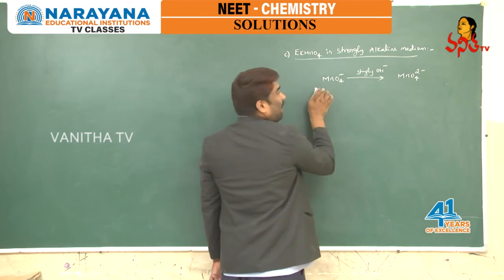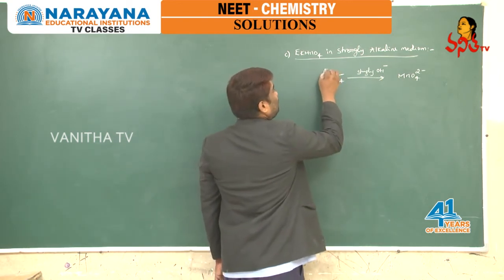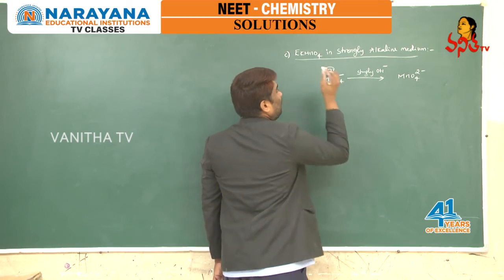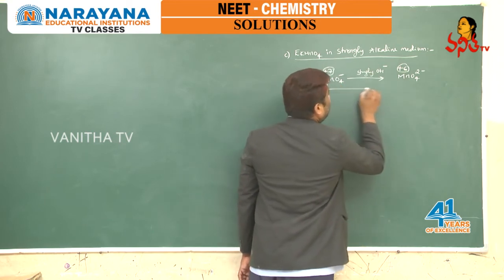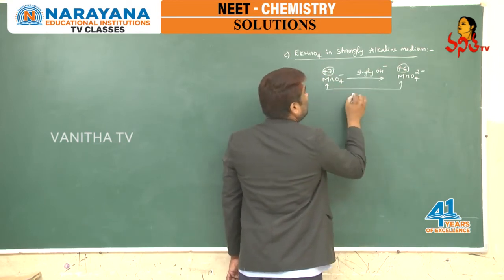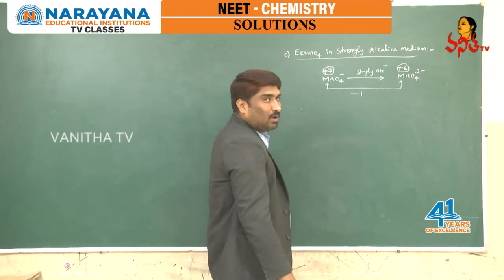That means permanganate ion changes to manganate ion. Here the oxidation state of manganese is plus 7. Here the oxidation state of manganese is plus 6. Therefore, the decrease in the oxidation state is minus 1. Therefore, how many electrons are gained? 1 electron.